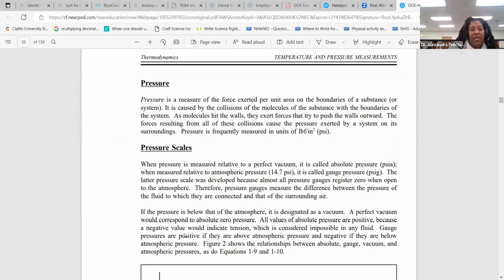So the molecules hit walls, they exert force and try to push the walls out. And the force from these collisions causes the pressure exerted by a system on its surroundings. So pressure is measured in pounds force per inches squared, and that's another way of saying PSI.